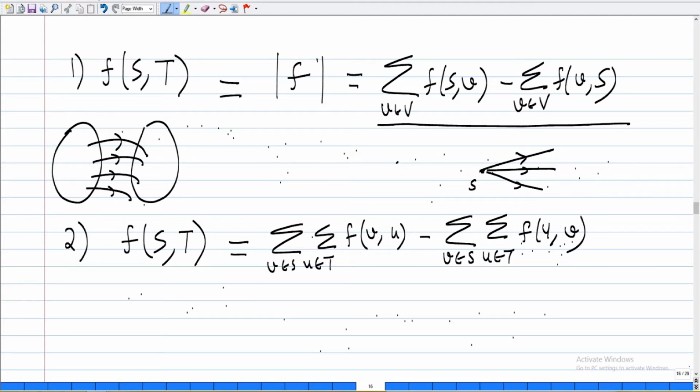Fine. Because the flow is positive, this is lesser than or equal to, the negative term I will remove, the subtracted term I will remove. This is the summation over v belonging to S, u belonging to T, f(v, u), since f is non-negative.